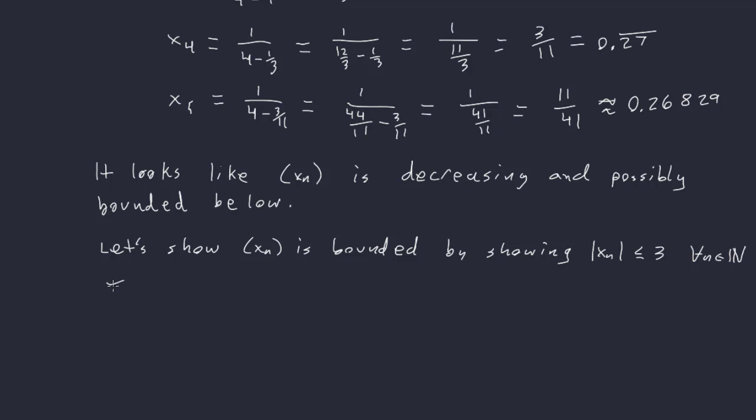And this is the same thing as showing that xn is trapped between -3 and 3. Okay, so we have that this is true for x1 and x2 and x3. So these can count as our basis step.